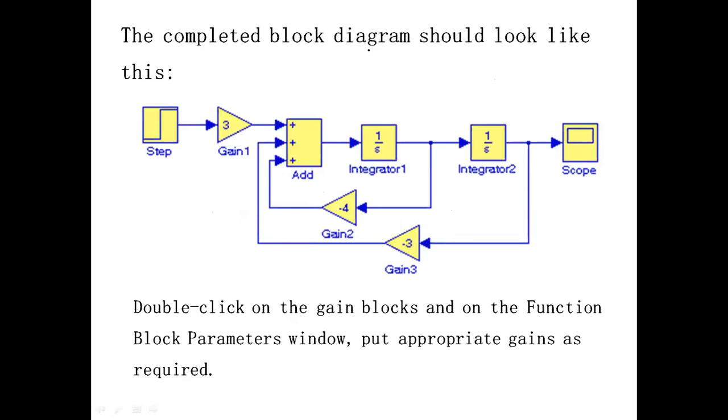To change the values of the gain blocks as well as other block parameters, we simply double click on the particular block and input the appropriate value.